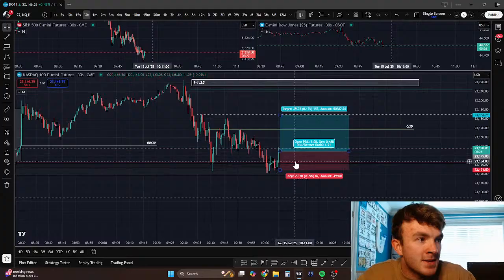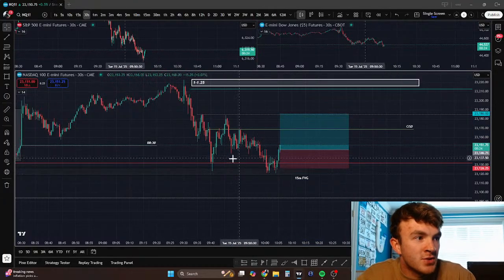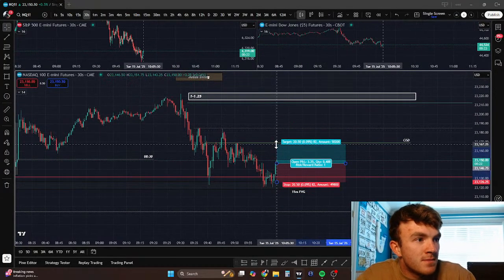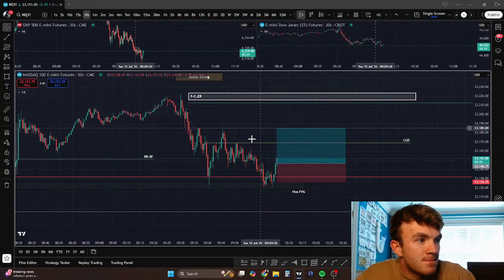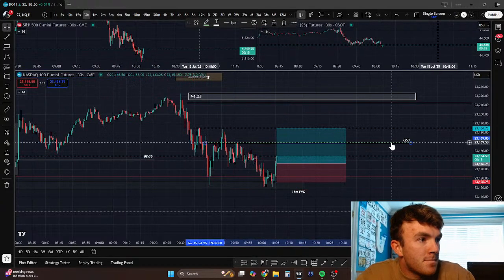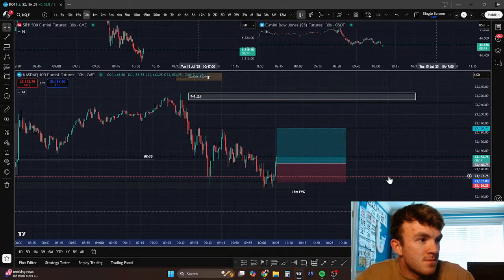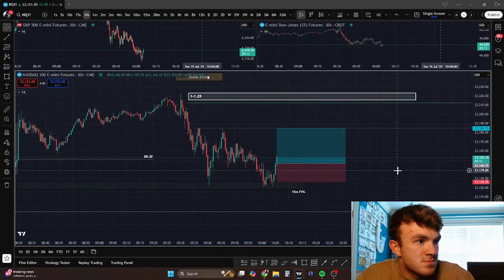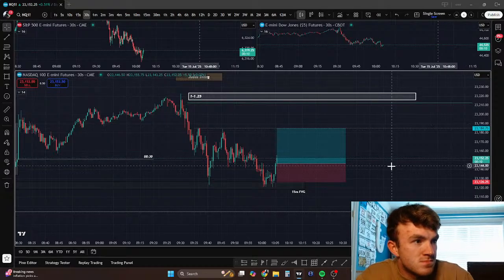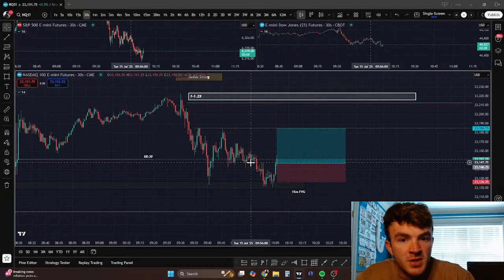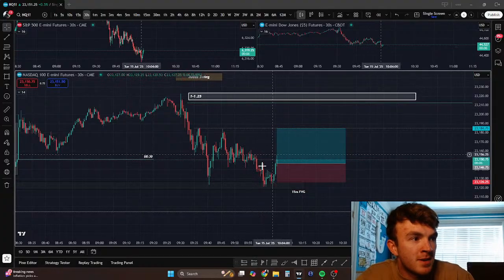I'm not taking it because I literally can't, but this is a lot better of a trade. Much better of a trade.